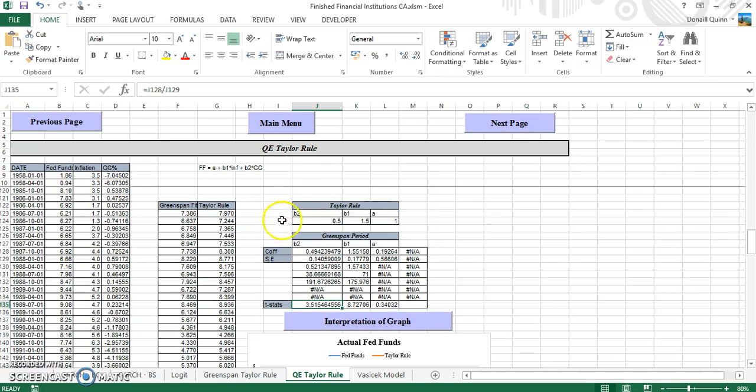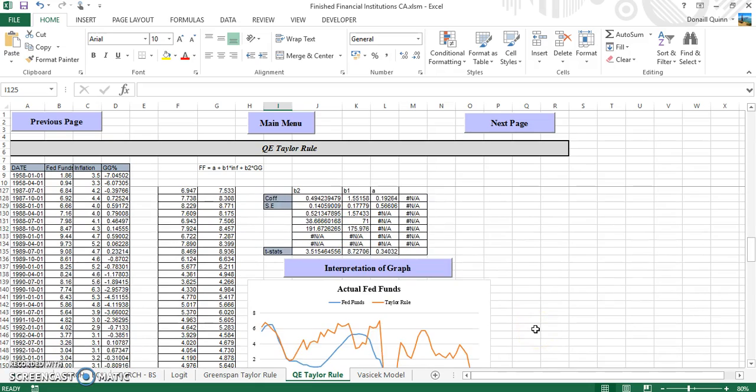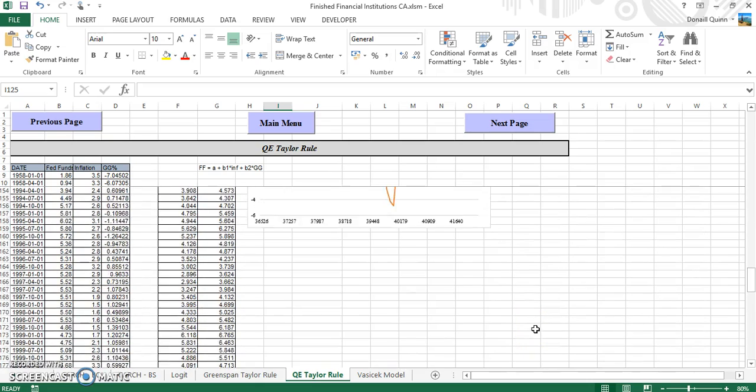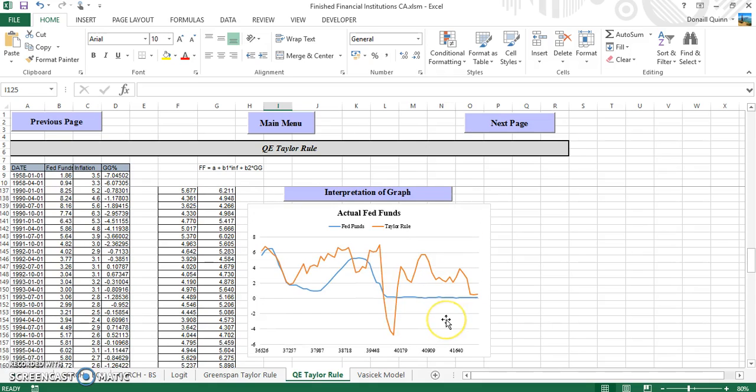In this part, we show the relationship between the Taylor rule and quantitative easing. Using the same data in Greenspan fit and Taylor rule, we show the relationship between the Fed funds rate and the Taylor rule. As you can see, the negative Taylor rule coincided with the initiation of quantitative easing after the financial crisis.